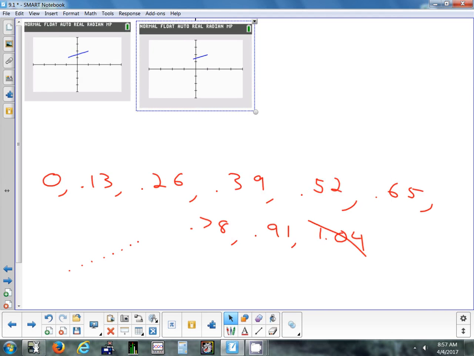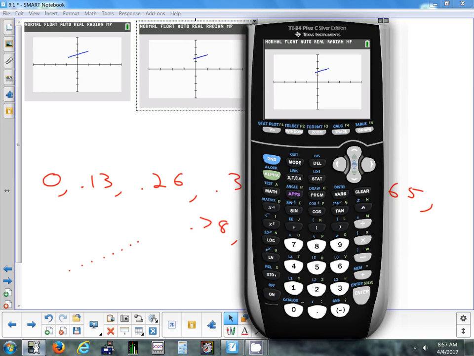All right? So in general, if you want to get a good picture, pick a number for your t-step that divides into t-max. Like if I did 0.1, now it would graph 0, 0.1, 0.2, 0.3, 0.4, 0.5, 0.6, 0.7, 0.8, 0.9, and then 1. If you pick something that's too small, like 0.01, the calculator is going to go from 0 to 1, counting by hundredths.